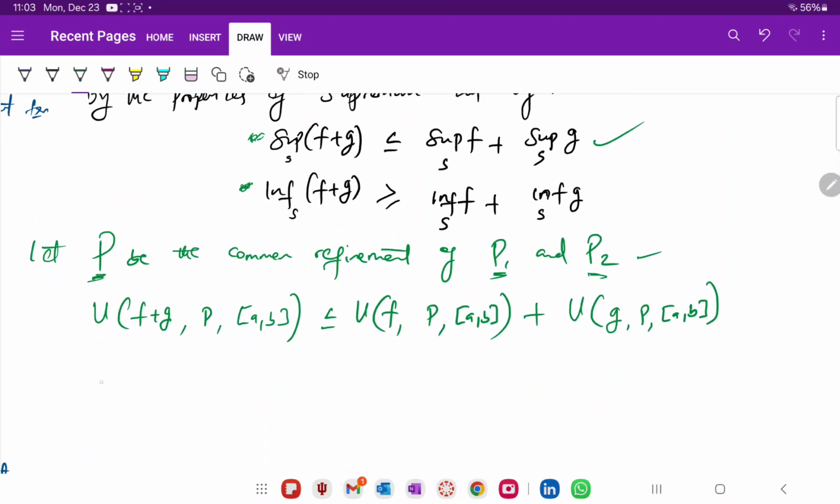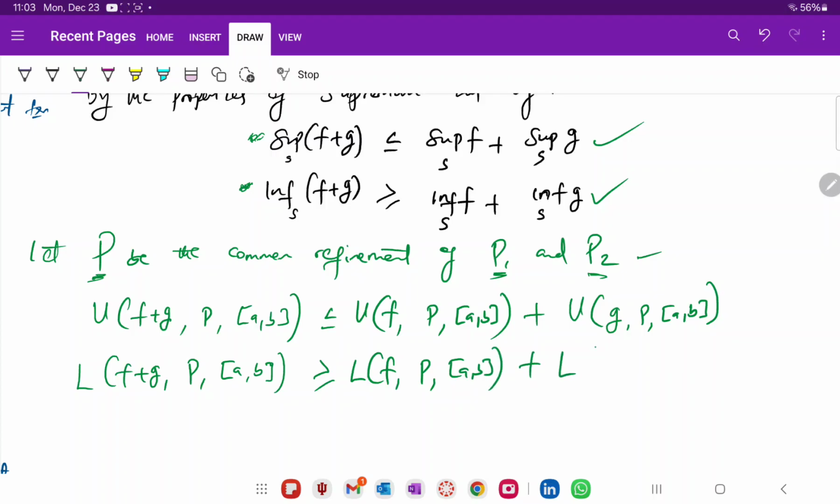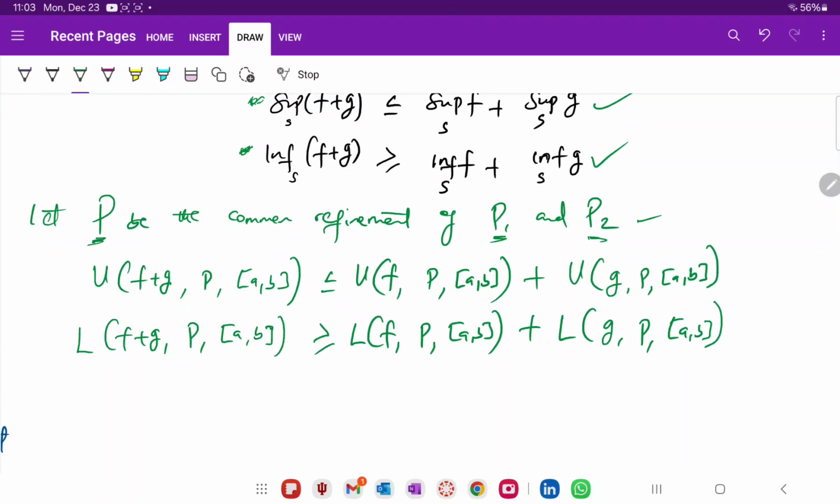Likewise, the lower Riemann sum of f plus g is greater than or equal to the lower Riemann sum of f on P, a, b plus the lower Riemann sum of g on P, a, b. In order to be careful with what we are doing, let's flip this inequality so that we're able to do something with it.